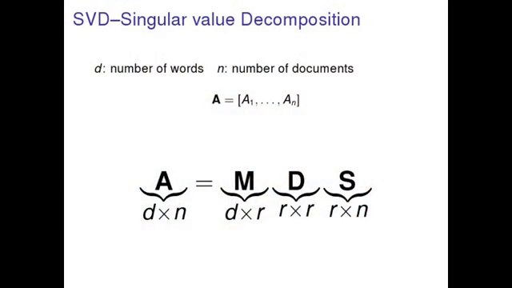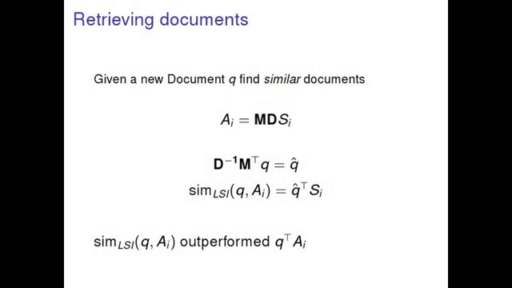Then people found there is an interesting tool from linear algebra called singular value decomposition. You write this matrix as a factorization into three matrices. Remember, each column of A is a document, so you can see each column written as something like a matrix times S_i, and I'll think of that as a new representation of the document.